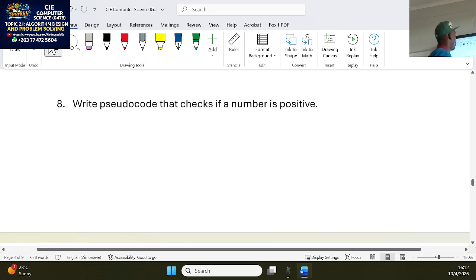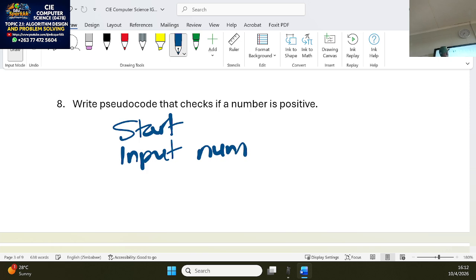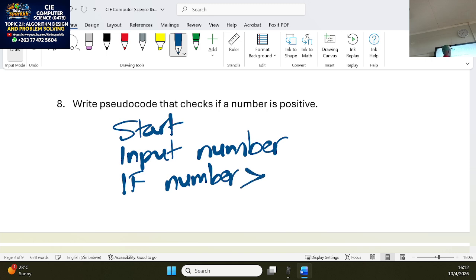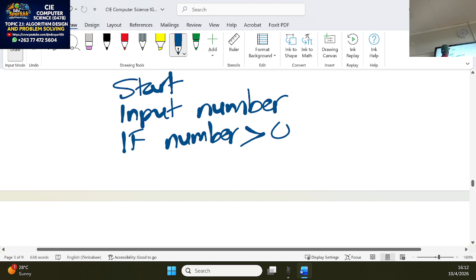So write a pseudocode that checks if the number is positive. So here we can start the process, and what we'll do is input as we read the number. Then we'll make a comparison that if number is bigger than 0, then we can output that this is positive.